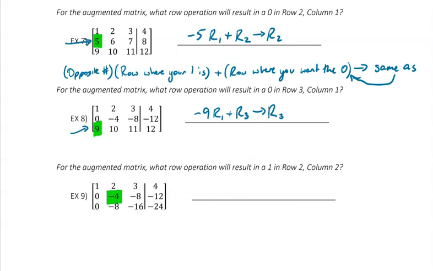So again, to turn anything into a 1, you can always just divide it by itself. So, for example, if we had a 5 and wanted to turn it into a 1, we could divide it by 5.